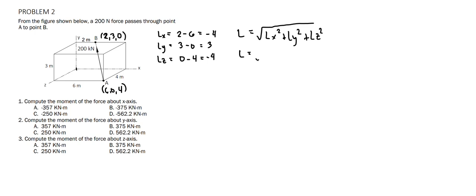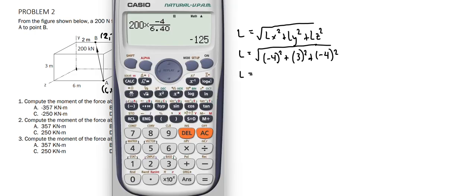Plugging in the values, we get square root of -4 squared plus 3 squared plus -4 squared. We should get approximately 6.4 meters.